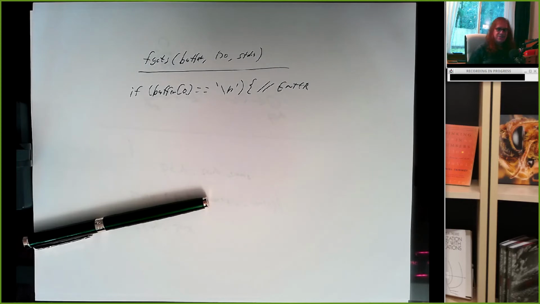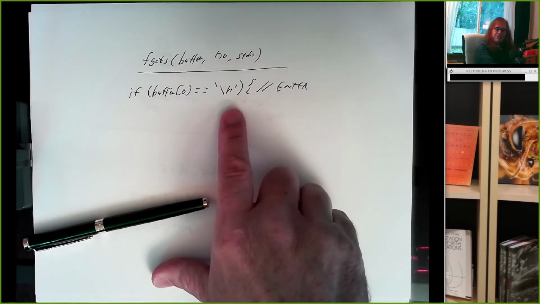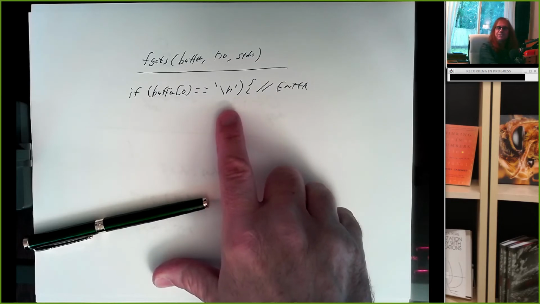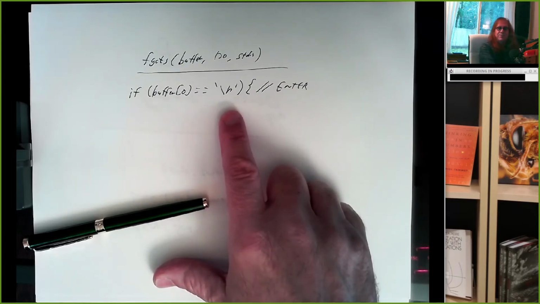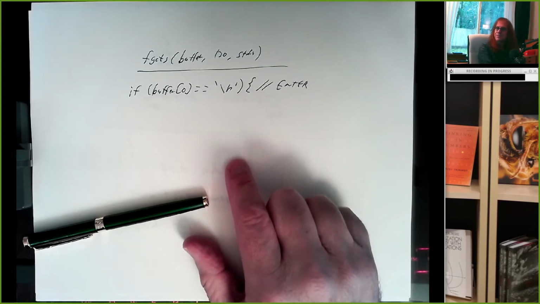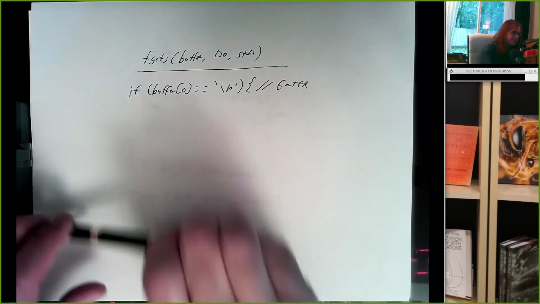And remember, fgets always appends a new line to the end of the input as long as it fits in the buffer. So if they say hello, buffer will be HELLO new line. If they type a 5 and hit enter, it will be a 5 followed by a new line. If they just hit enter, it will just be a new line. So you could check if buffer[0] equals '\n', that's the character for a new line, ASCII code 10. Or you could do string compare and see if buffer equals "\n". So those are two options.